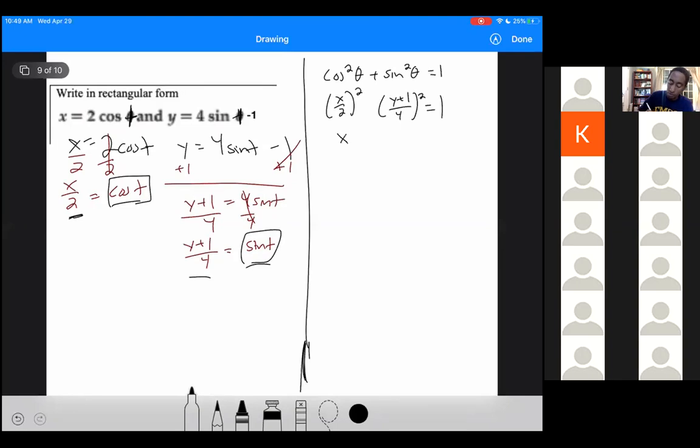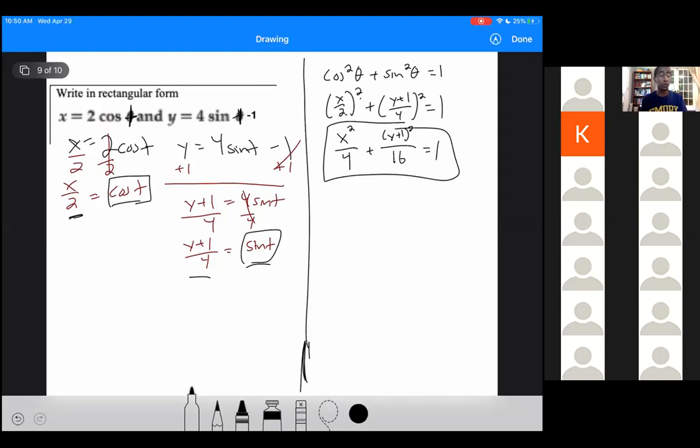So this is x squared over 2 squared, which is 4 there. And then we're going to square this all over here. Oh, this is plus right here. And you want to take note that you're going to leave this in parentheses, and you're going to square the bottom, be 16. So you leave it in parentheses because you want it in standard form of an ellipse. And that equals 1. And then this was the equation of the ellipse. And so when we have cosine and sine within the parametric equations, then it's going to create an ellipse. And that's how you get the equation there.